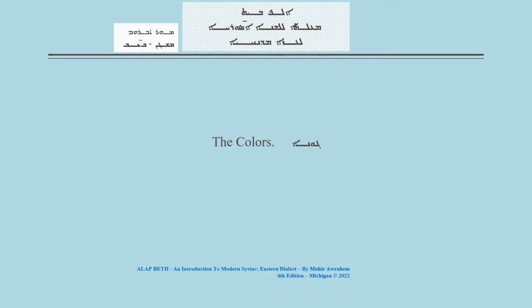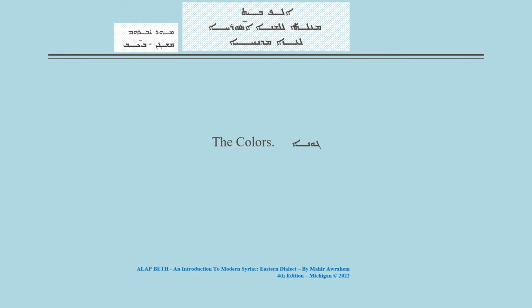The colors, from right to left: masculine, feminine, and plural. You know, colors are adjectives, and adjectives really agree with the noun. So if the noun is masculine, the adjective or color has to be in masculine, feminine, plural, and so on.